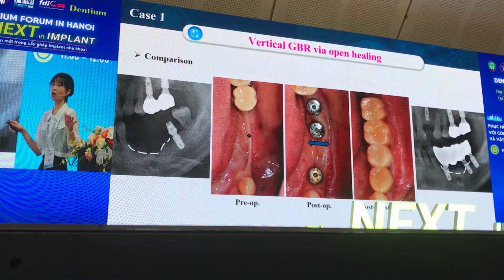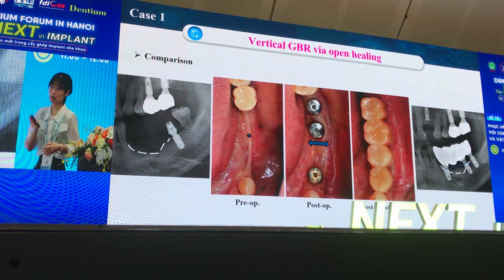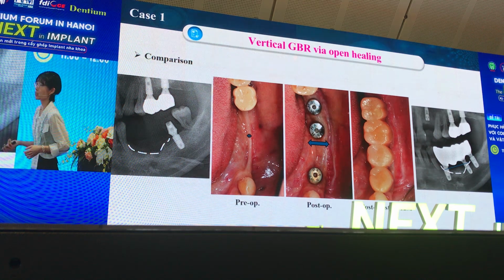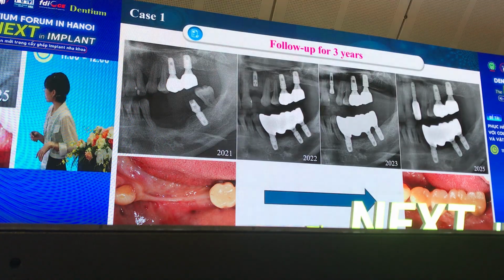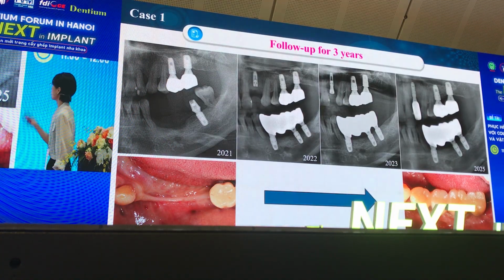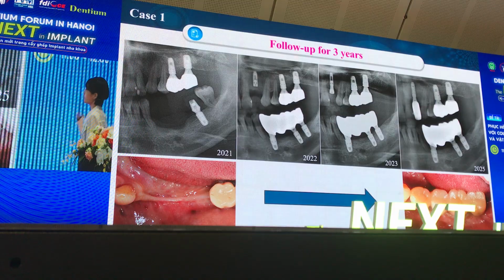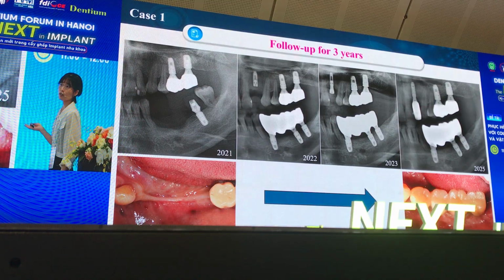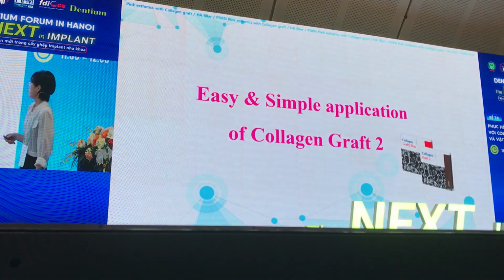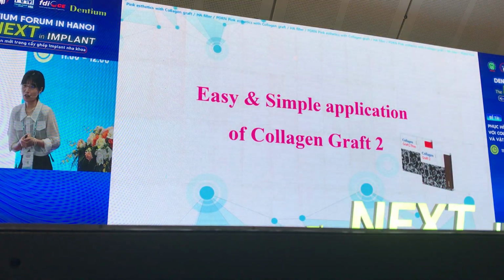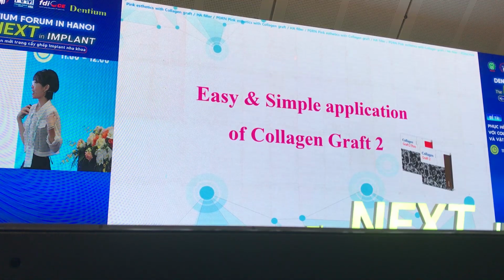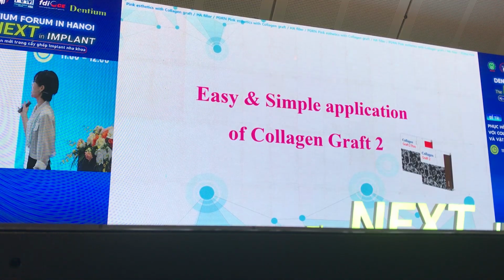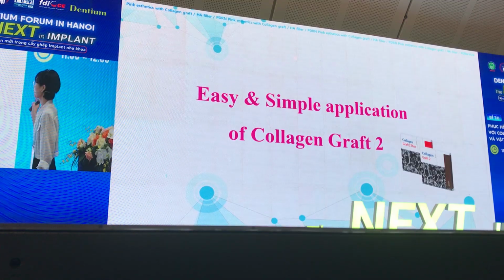So don't worry about that when you plan to do the vertical procedure or open healing using the Collagen Graft 2. This is the follow-up data from 2021 until 2025. It is well maintained until now. And I would like to share my techniques. I always say that this is a very easy and simple application of Collagen Graft 2.